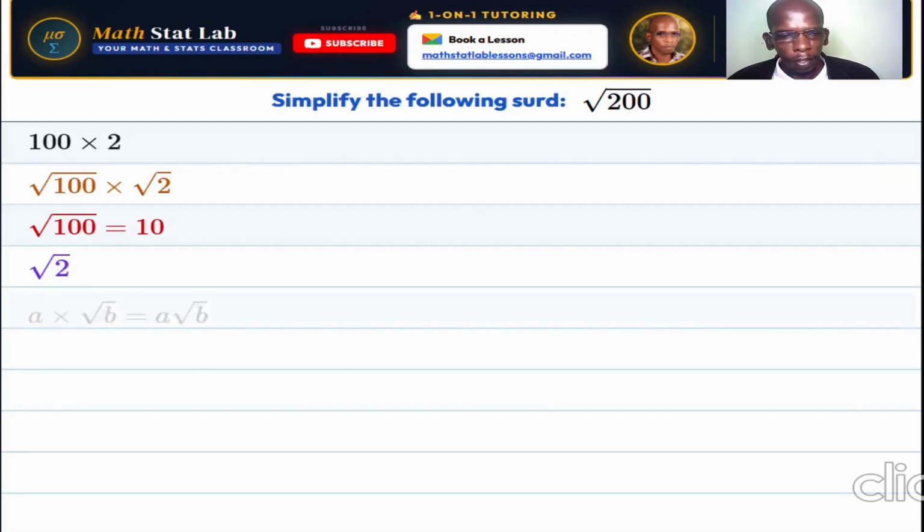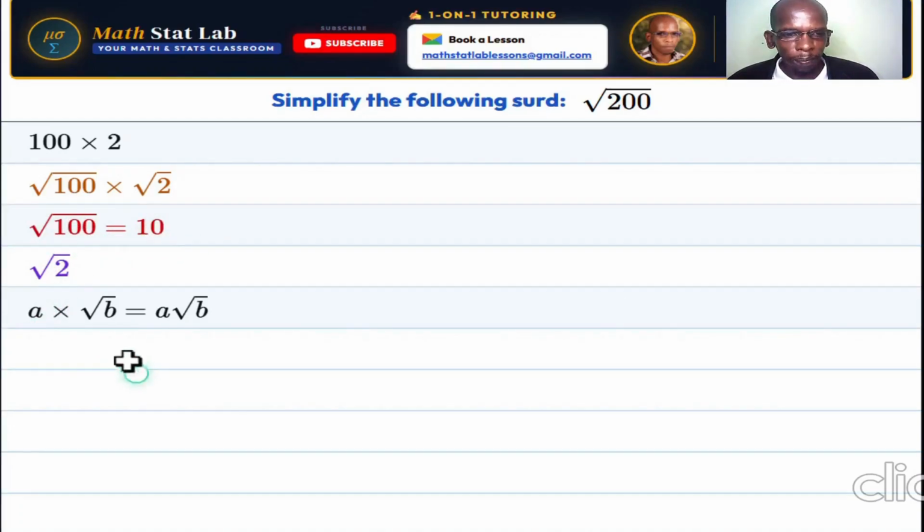Then from there, we apply this rule: a multiplied by the root of b is just equivalent to a root b, where in this case, a will be the value we got after getting the square root of the number which has an exact square root, in this case 100, which was 10.